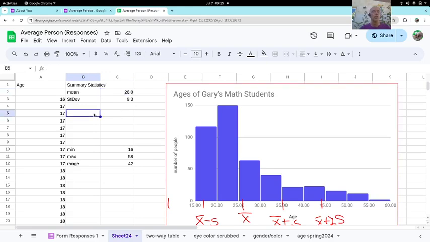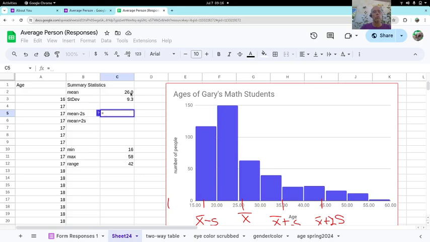So let's go mean minus 2 standard deviations, and then the mean plus 2 standard deviations, and let's actually calculate them with the computer.